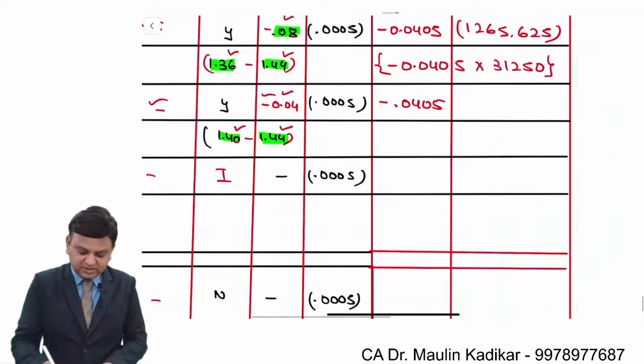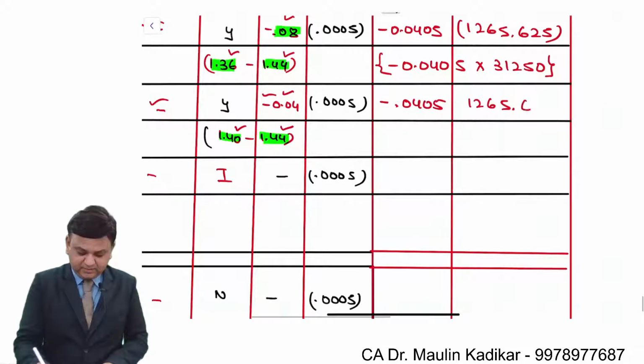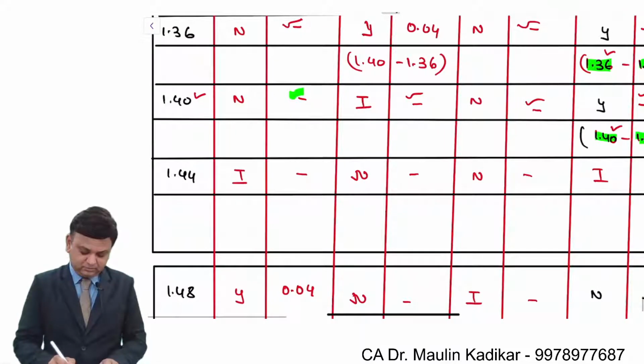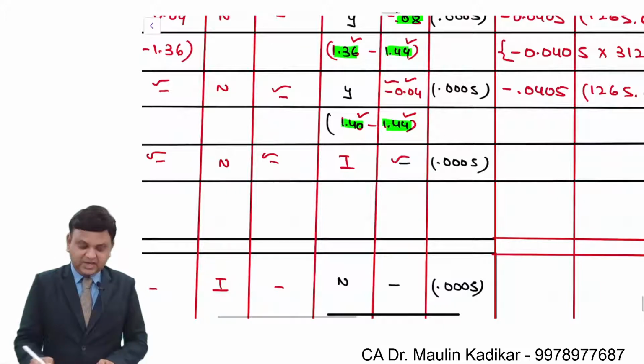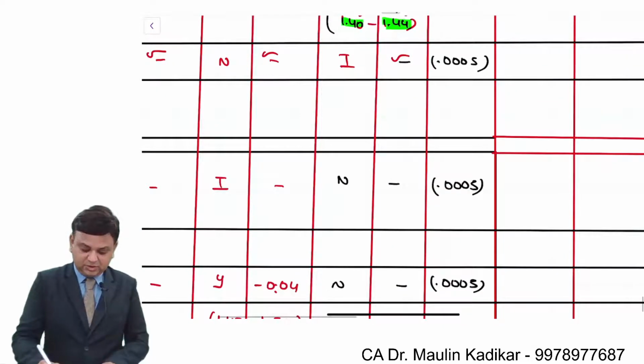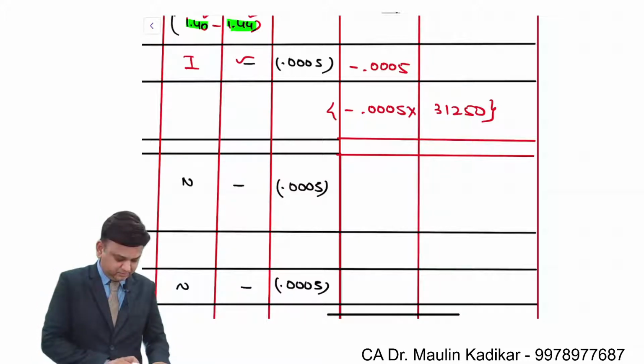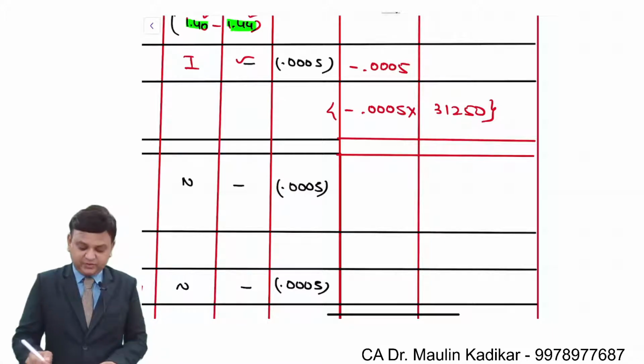So the loss is 1265.625. 0, 0, 0. Again 0. So it is negative 0.0005. Negative 0.0005 into 31250. So 15.625.